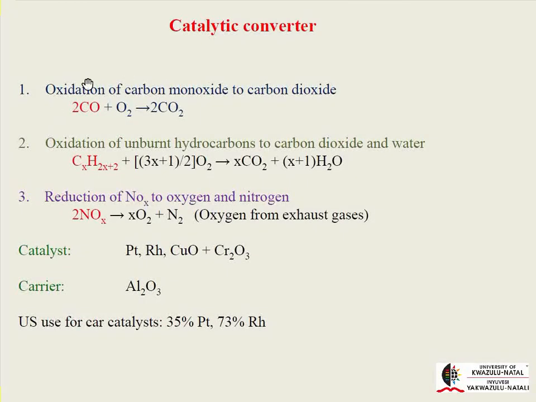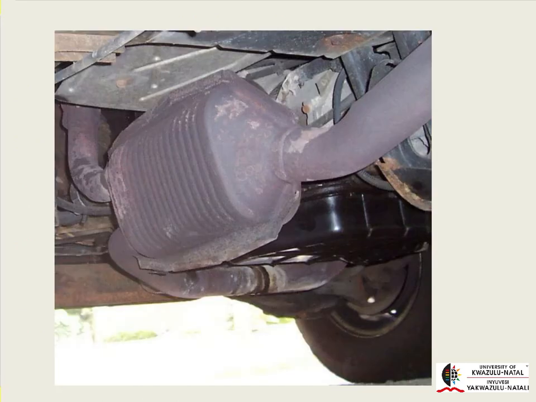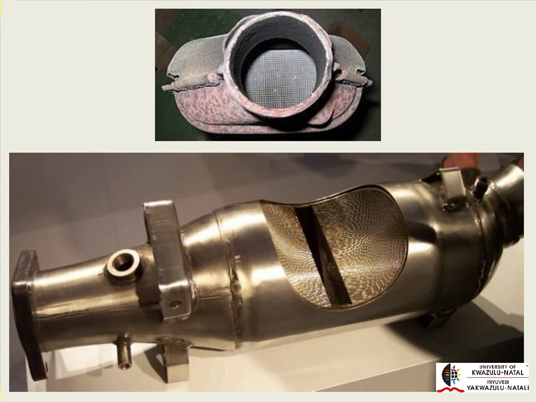They've also looked at the use of catalytic converters to reduce a vehicle's emissions of harmful gases, using platinum-rhodium catalysts. This is your catalytic converter in a petrol vehicle, of course.